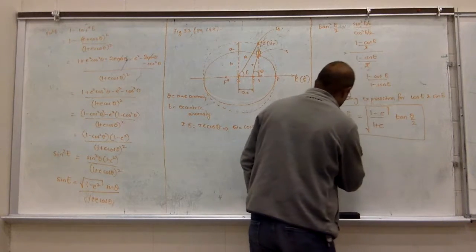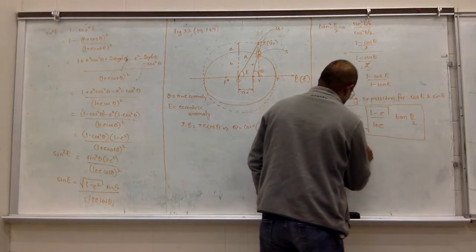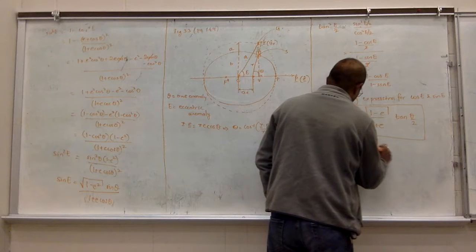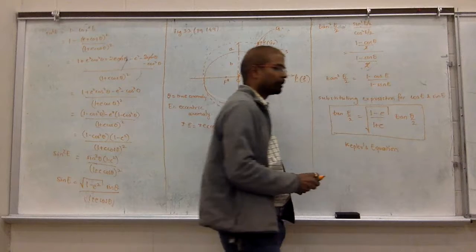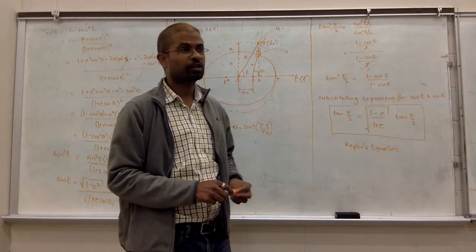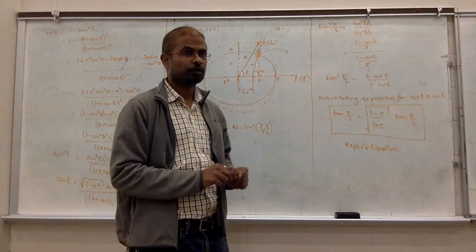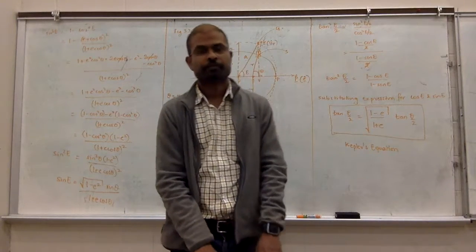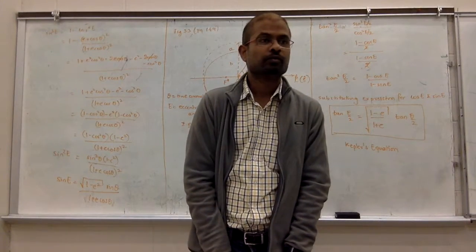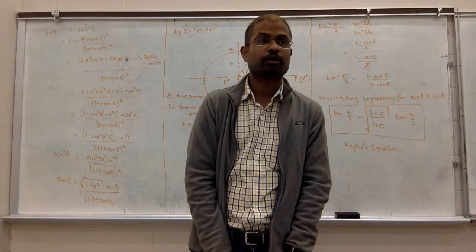This we will call Kepler's equation. Okay. Now keep in mind, Kepler's equation and Kepler's laws are different. So what is the point of Kepler's equation? What is the objective of Kepler's equation?